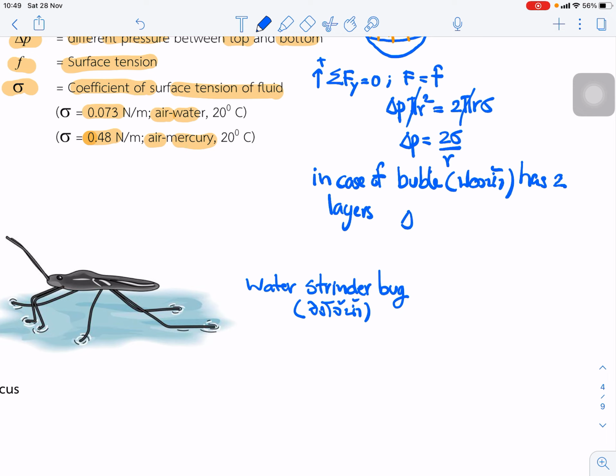So delta P is equal to 4 sigma divided by R. In this case, F is equal to 2F.